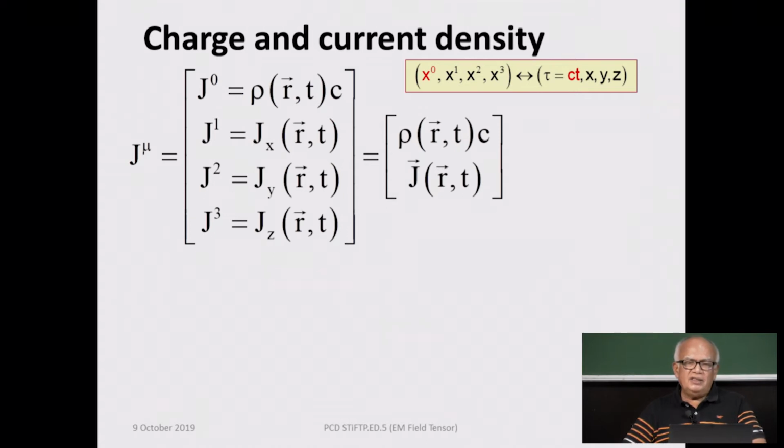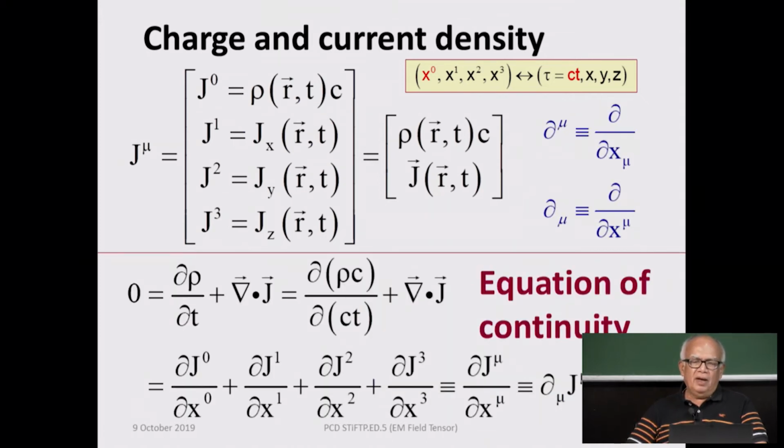So, J0 is rho times c, so they all have appropriate dimensions, and J is rho v as we had defined earlier, the current density vector, and it now has 4 components J0, J1, J2, J3 given by this relation.